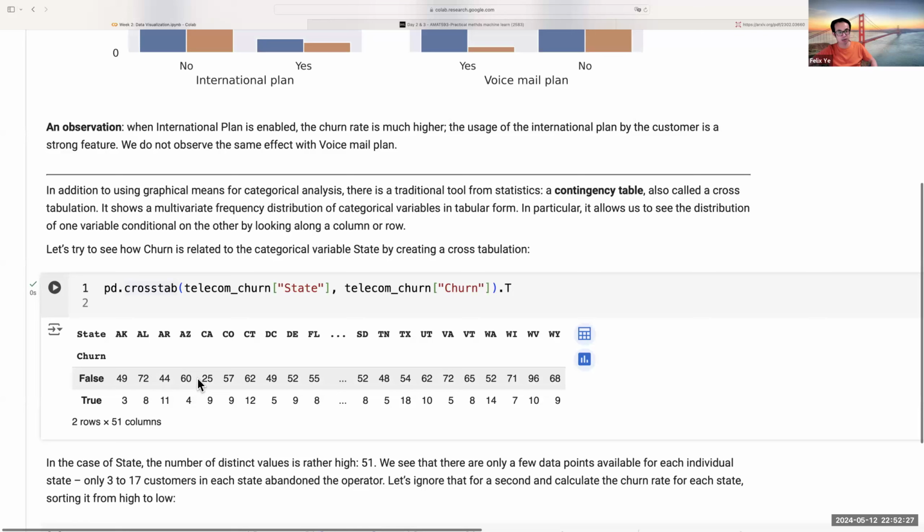As you can see right here, in Texas it obviously has a larger churn rate, and the same for Washington State, which might have an unusually high churn rate. However, in Virginia, it has a significantly low churn rate. As you can see, this is 72 versus 5. So this just gives you some idea. These states may have some information and some preferences for those loyal and disloyal customers.